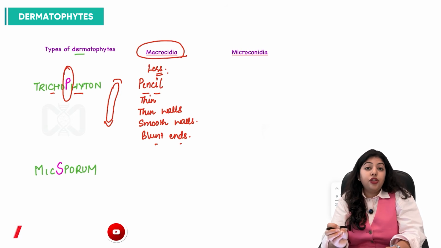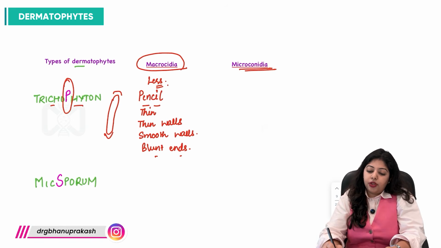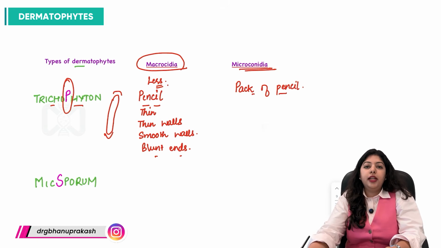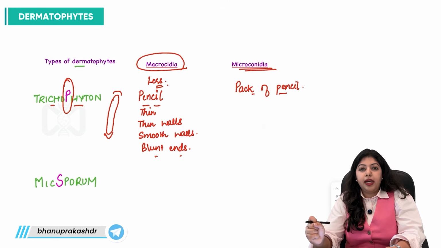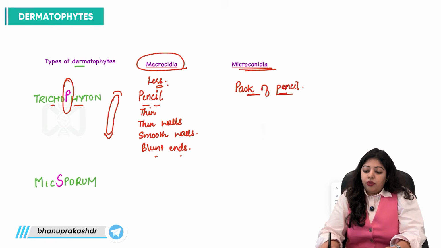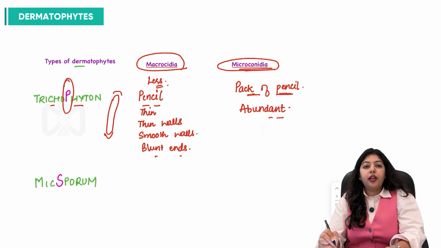just like an unsharpened pencil. Whereas the microconidia in Trichophyton, P also stands for pack of pencils. So when we hold a pack of pencils and put that on a piece of paper, multiple black dots would be present, like abundant dots. So this shows that microconidia would be abundantly present for Trichophyton.